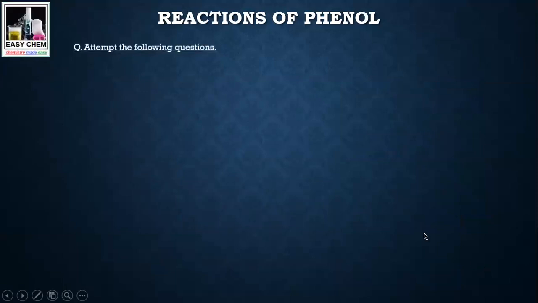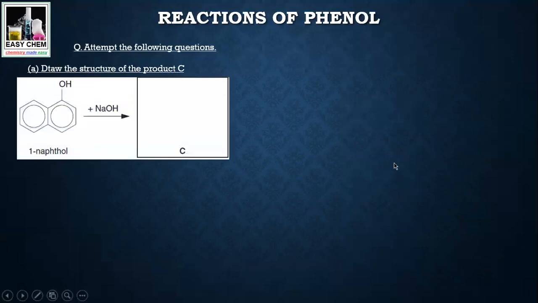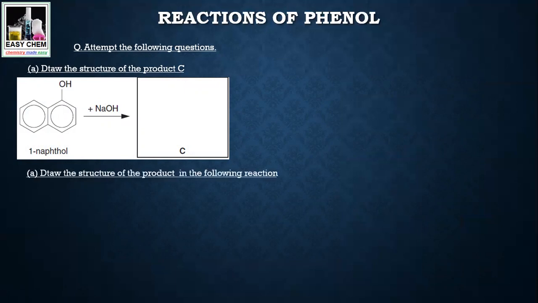If you want to attempt one more question, draw the structure of the product C. What is the structure of the product C? We have another question. Draw the structure of the product in the following reaction. Spelling mistake is there, just ignore it.